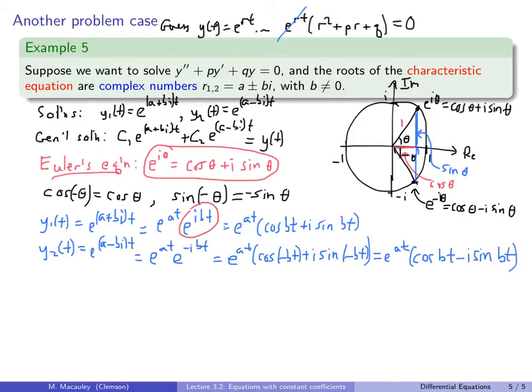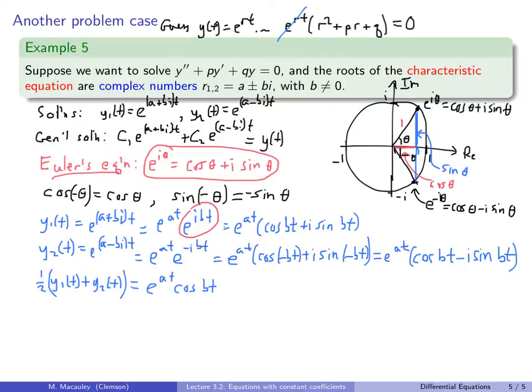So let's take y1 of t plus y2 of t, and actually instead of just adding them, let's add them and multiply by 1/2. Then we get e to the at times cosine of bt. Now we don't get the 2 out in front. And now let's subtract these as well.